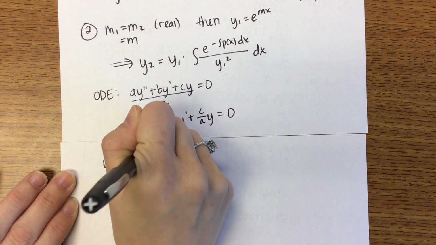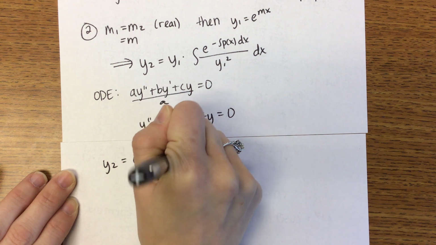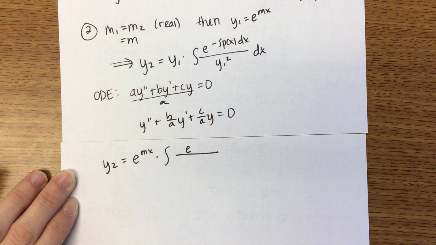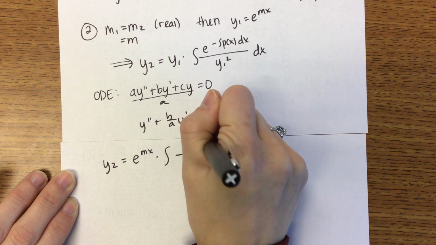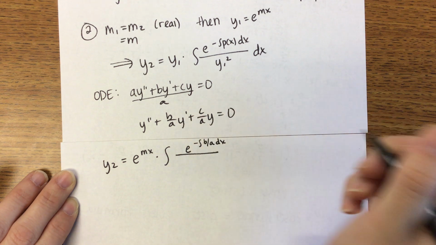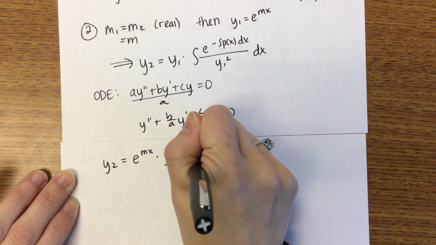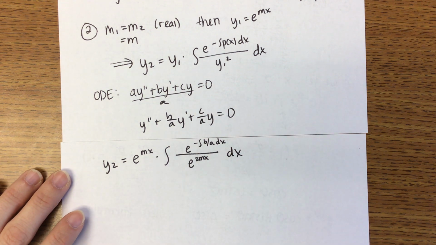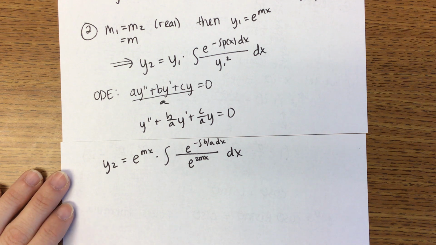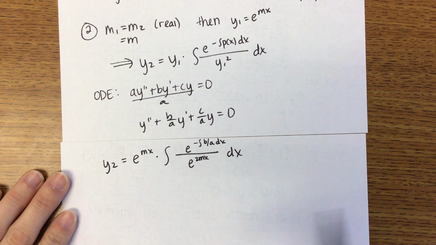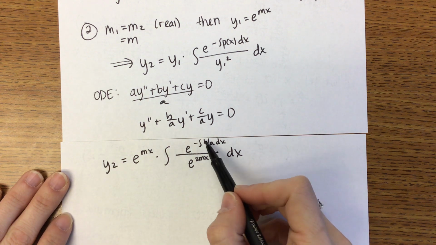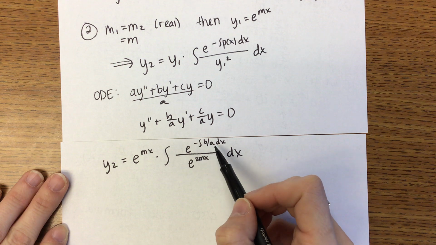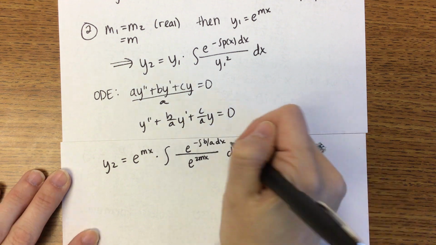y2 is equal to e to the mx times the integral of e to the negative integral of b over a dx, over e to the 2mx, dx. Quick note. It's not helpful to have this b and a here. We want to try to get rid of as much as we can.